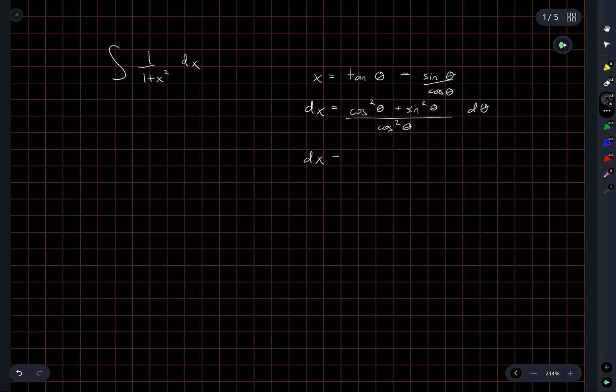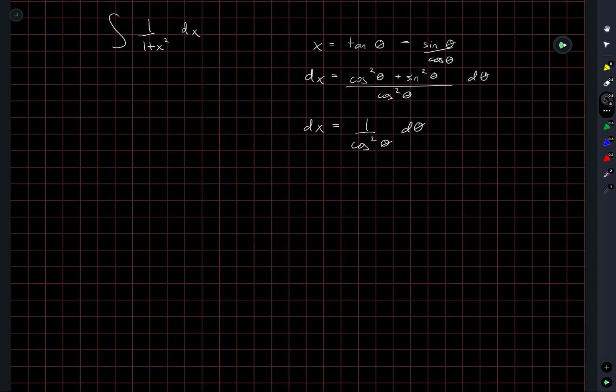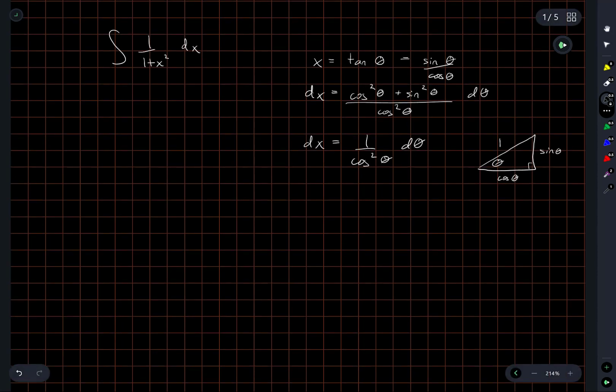So dx is 1 divided by cosine squared theta d theta. So then this isn't quite what I want, is it? No, maybe, okay, let's try something else.